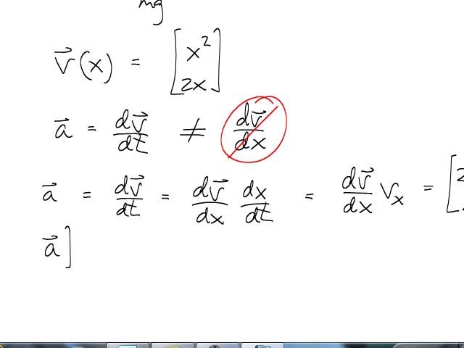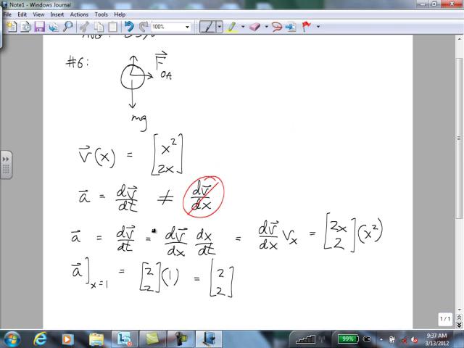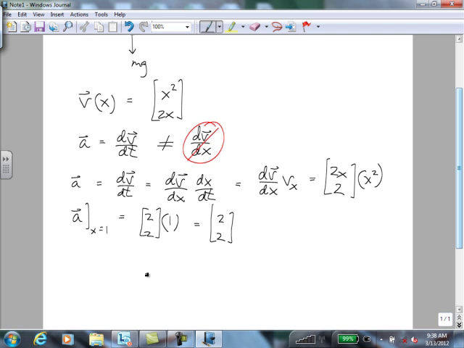So the acceleration when x is equal to 1 is 2 times 1, so 2. If you didn't use the chain rule, in this case you actually got the right answer numerically. But that's just because the way I set it up, this factor you have to multiply by, the Vx component, is equal to 1 at the instant that we're evaluating it. That was just a lucky break in this case.